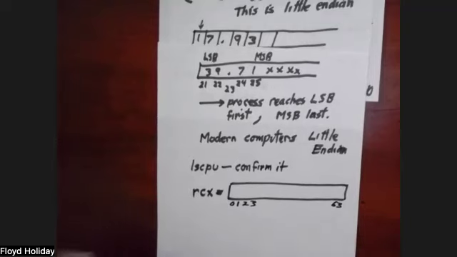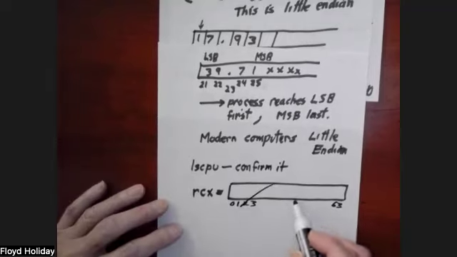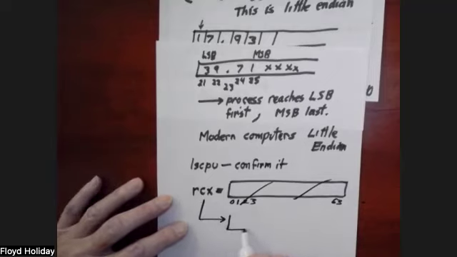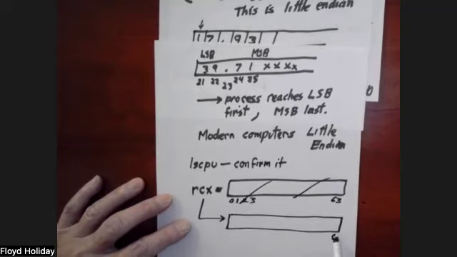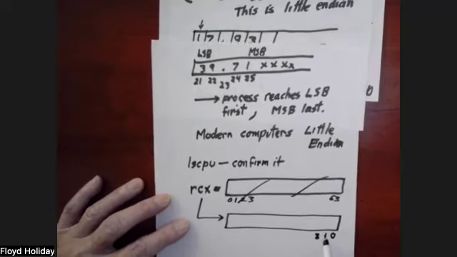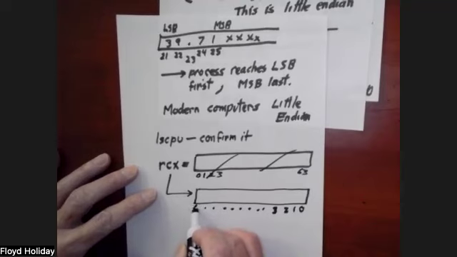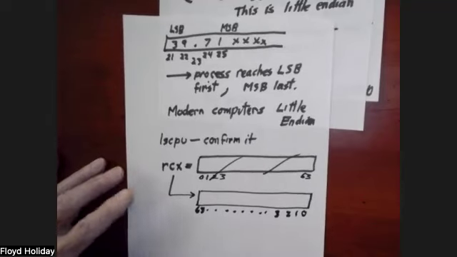But in textbooks, they never show you that. What textbooks will show you is a scheme along the bottom where bit 0 is here, and bit number 63 is here.